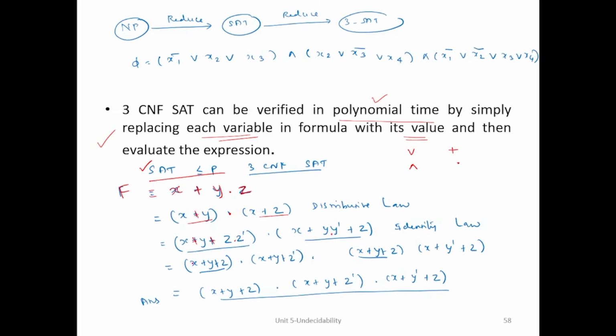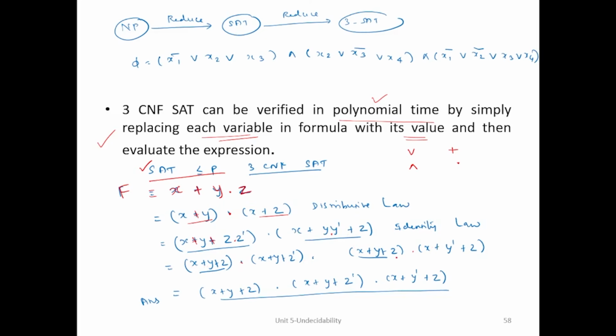The intermediate operation is dot. Then again, substituting with the distributive law, we can rewrite this expression as (x plus y plus z) dot (x plus y plus z dash). And the second clause is rewritten as (x plus y plus z) dot (x plus y dash plus z).